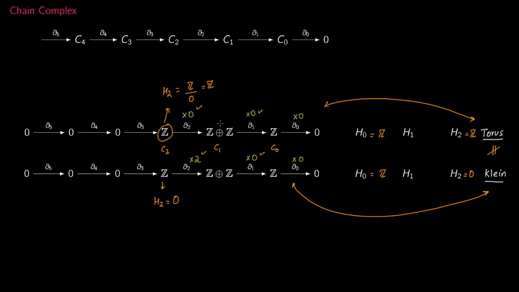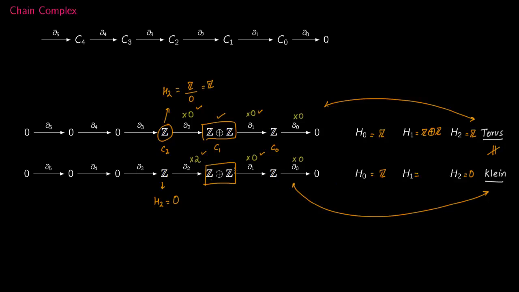So here again h1 is easy, because it is just integer plus integer going to 0, and nothing is coming from here. So this will be just integer plus integer, because the kernel of the map contains this entire thing, and the image here is just 0. Whereas on this side you have 2z coming in.